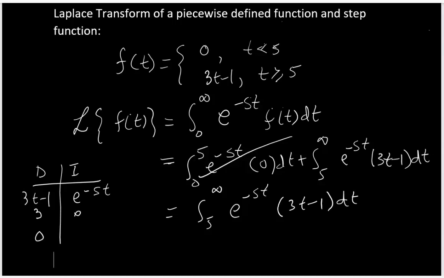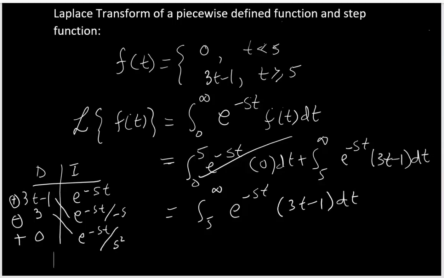The right side gives negative e to the negative st over negative s, and then if you take the integral again, you get e to the negative st over s squared, with another negative s. And then we put alternate signs, plus minus plus, and go across like this.